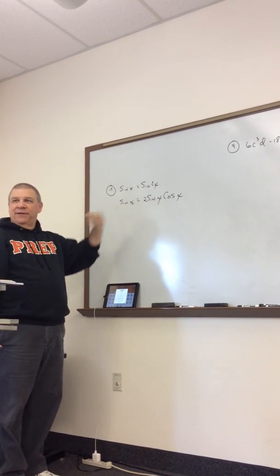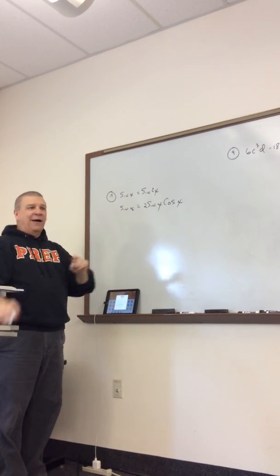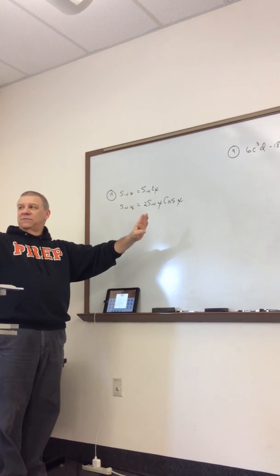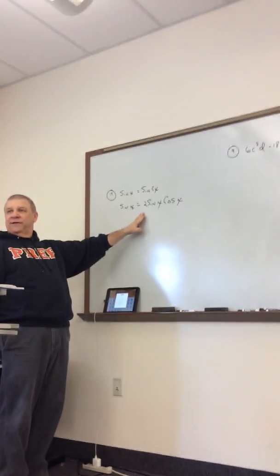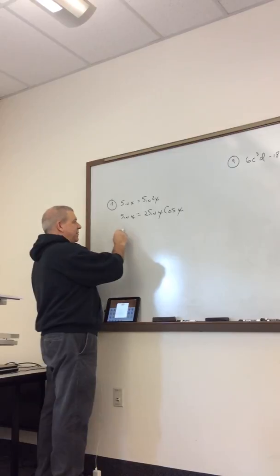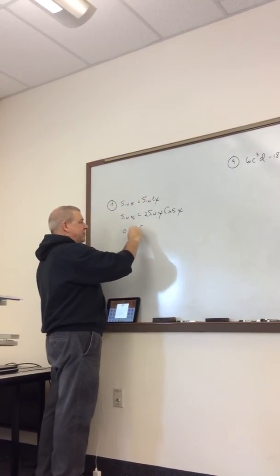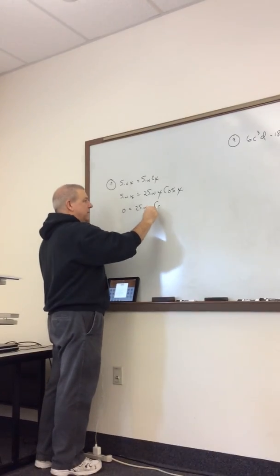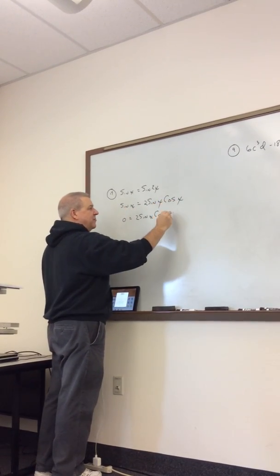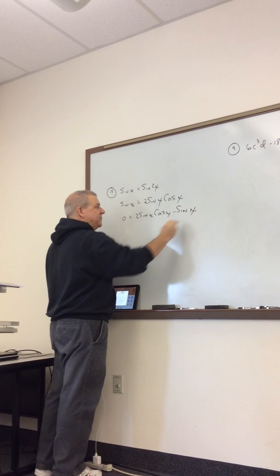What would be the next step in this? Howard? So one side equals 0. Okay, so this sine of x you're going to throw over there, right? So this sine of x comes over here and becomes minus sine of x.